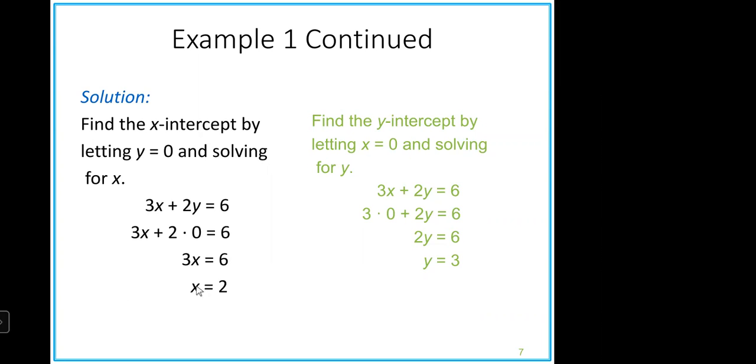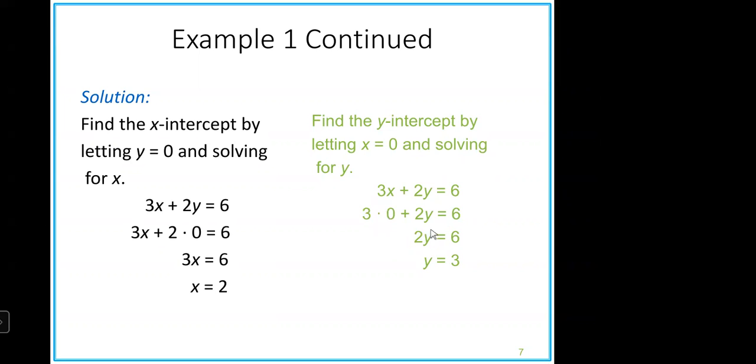So the line is going to pass through the x-axis at 2. And then to find the y-intercept, we're going to let x be 0. If we let x be 0, that will help us find where the line passes through the y-axis. So x is 0, and 3 times 0 gives you 0, so you end up eliminating this here.